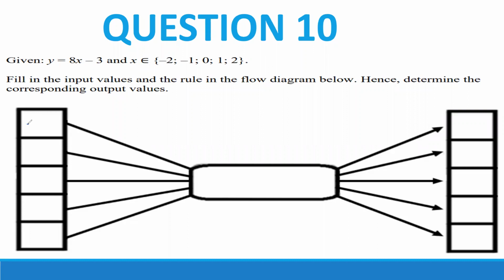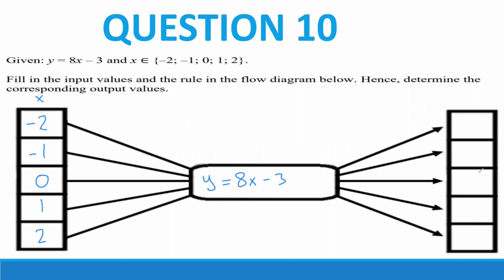What numbers do we have? Negative 2 for x. I'm writing x all here: negative 1, 0, 1, and 2. And our formula is y equals 8x minus 3. You are going to get y for each.